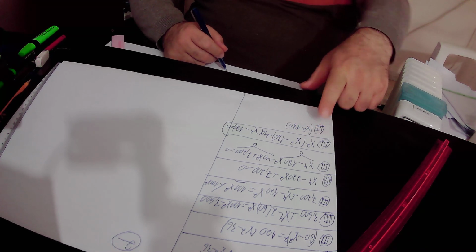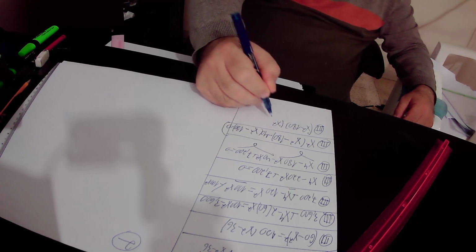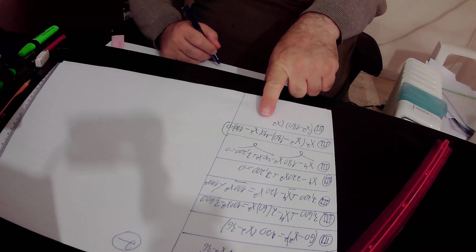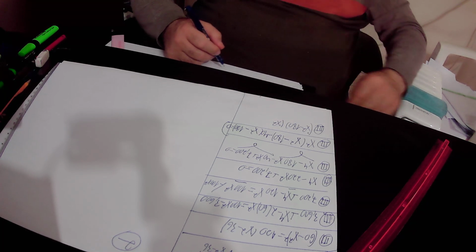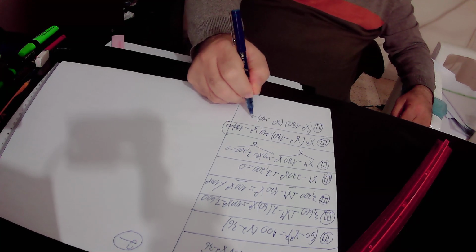It is actually x squared. And what is left from the second expression? What is left is actually minus 40, and it is equal to 0.